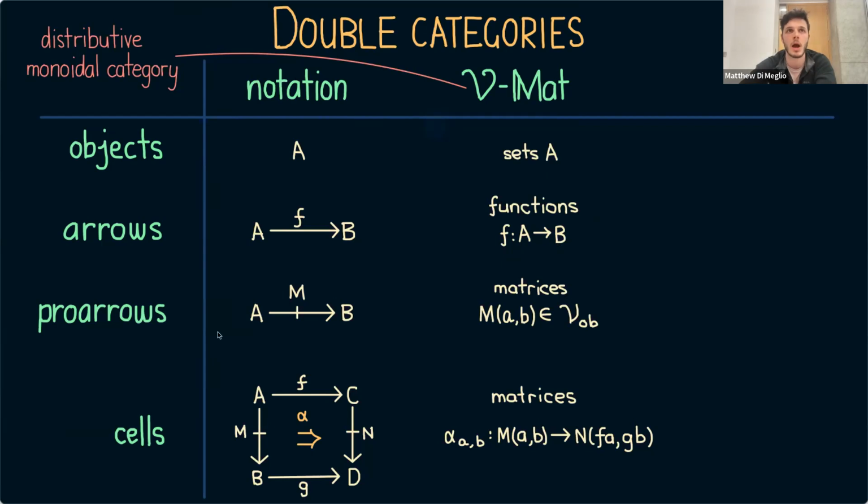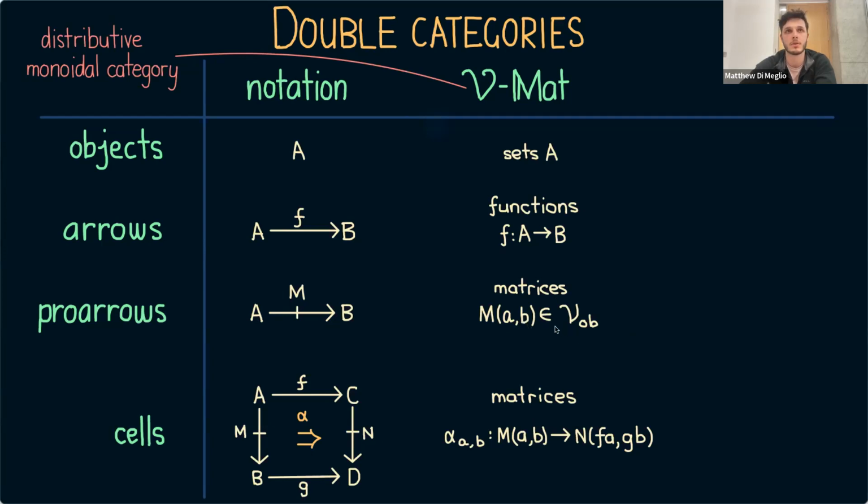So it's the pro-arrow direction that's interesting. A pro-arrow M from A to B is going to be a matrix, where we think of the columns as indexed by the set A and the rows as indexed by the set B, and it's a matrix of objects of V.